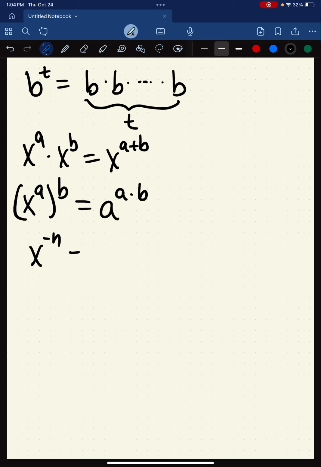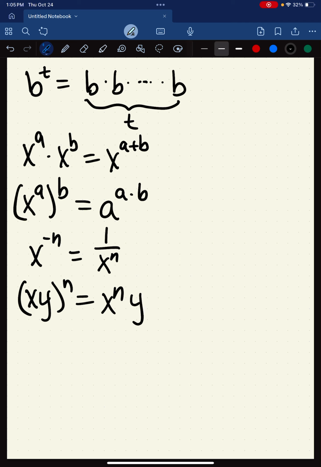We used that to derive the fact that x to the power of negative n is going to be 1 all over x to the n. We learned that x times y to the power of n is x to the n times y to the n.